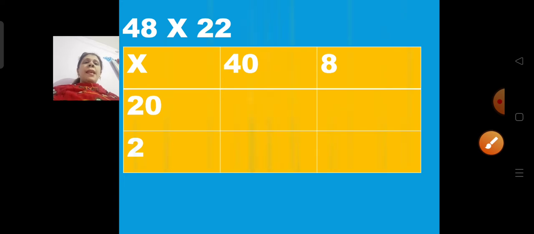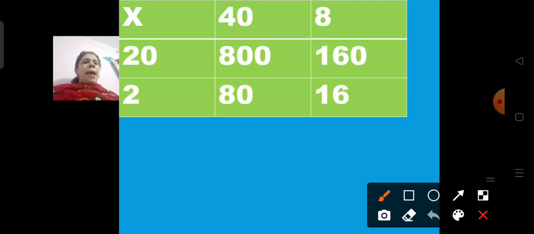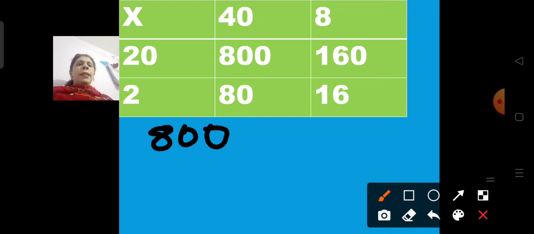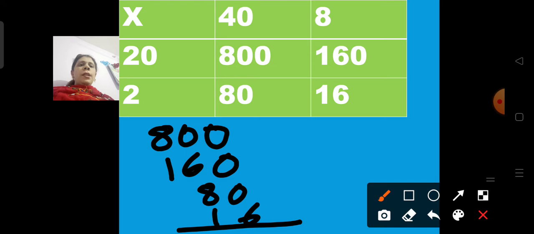Now the next step is let us add. First number we are going to write 800, then 160, then 80 and then 16. 0 plus 0 plus 0 will be 0, 0 plus 0 plus 0 plus 6 will be 6, and 6 plus 8 is 14. 14 plus 1 will be 15.